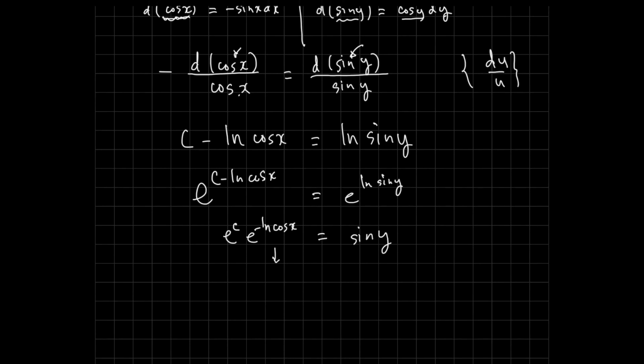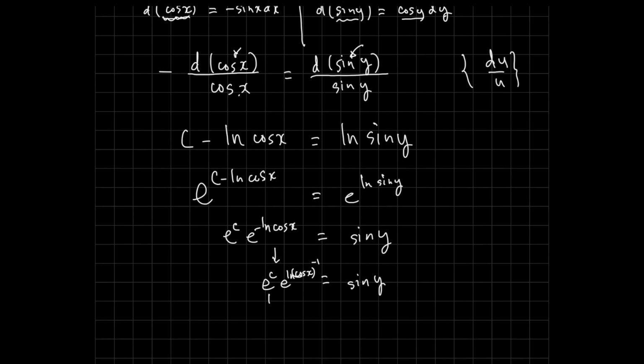Okay, we can simplify this further. That becomes just e to the c times e to the ln cosine x raised to the minus 1 equals sine y.